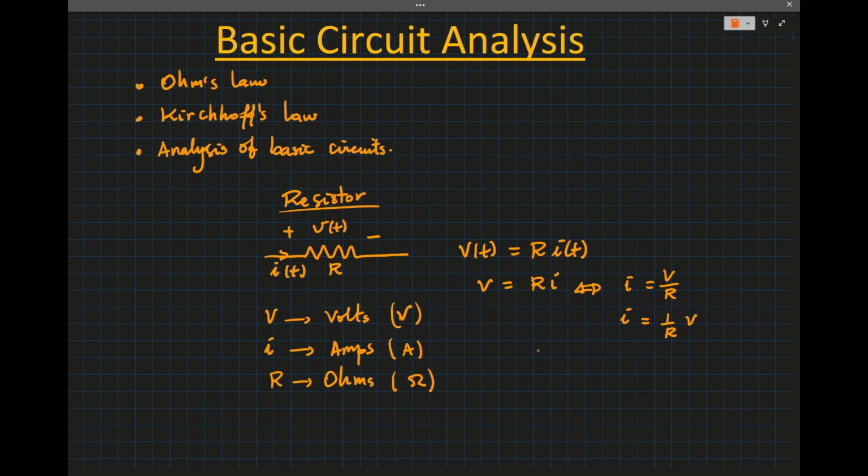And 1 over R we denote by G, and that is the conductance.